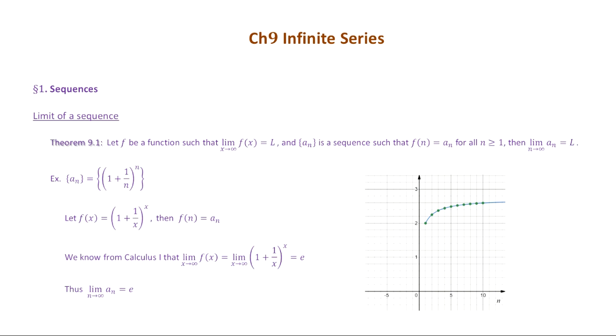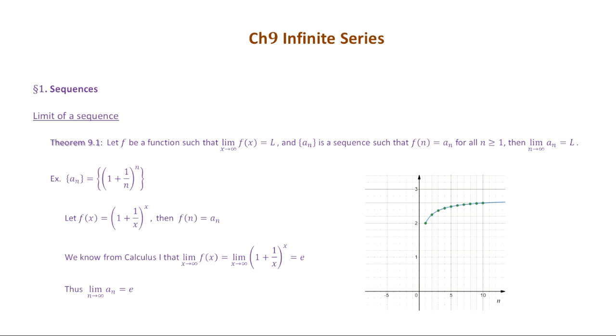So how do we find the limit of a sequence? We can use the limit of a function to find the limit of a sequence. Remember, these are two different things. So Theorem 9.1 says, let f be a function such that the function has the limit of L as x approaches infinity.